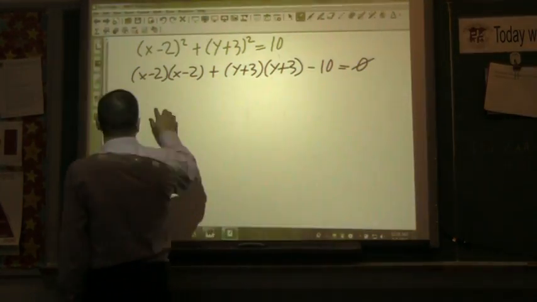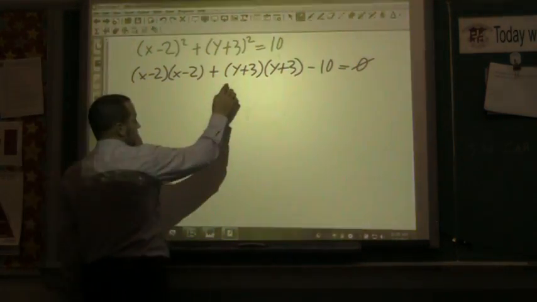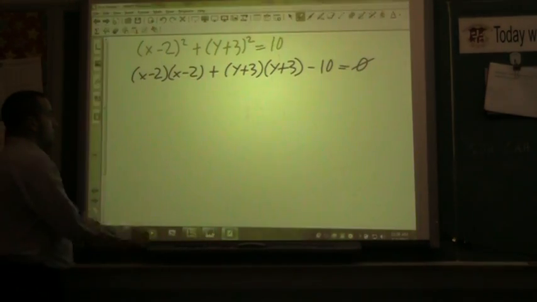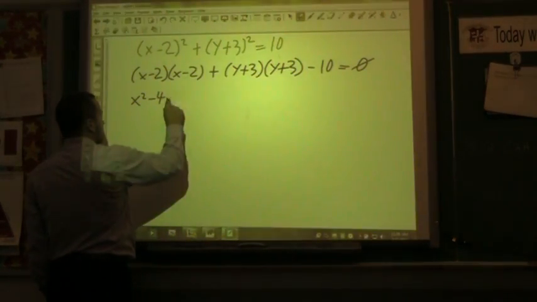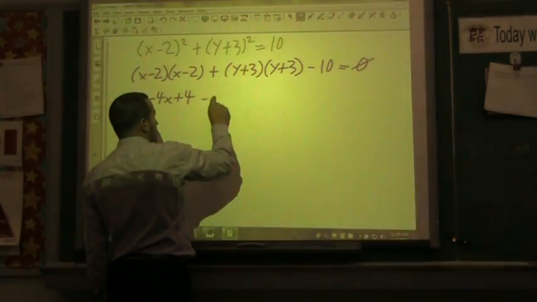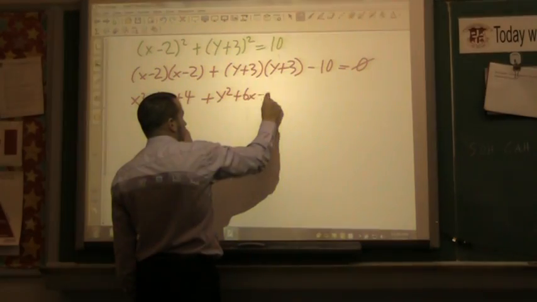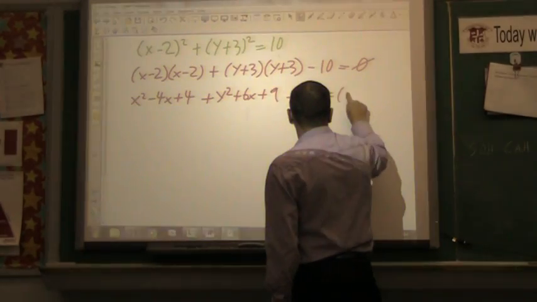Now you can either multiply these out individually, okay, or if you work with these enough, you can realize that this is an x squared minus 4x plus 4. And multiply this all out, you get a y squared plus 6y plus 9 minus 10 equals 0.